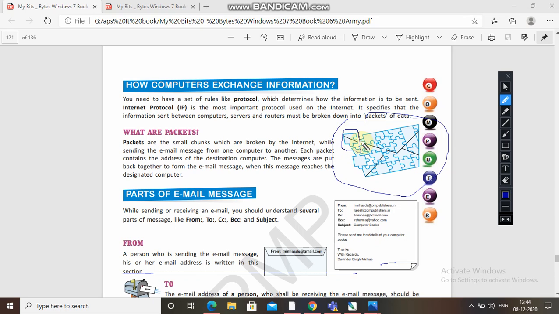Each packet contains the address of the destination computer, and the packets are put back together to form the email message. They come in chunks, but when they reach their destination, they get back together to form an email message. So these are packets.